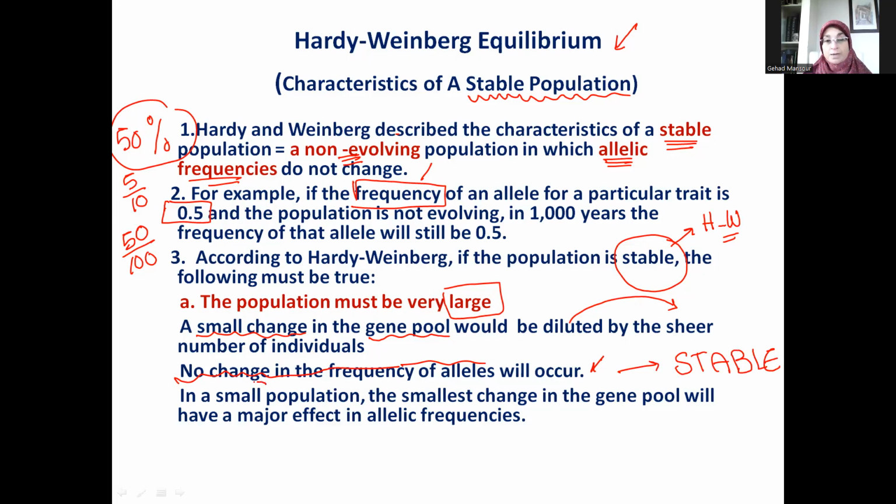On the other hand, if you have a small population, then the smallest change in the gene pool will have a significant effect in allele frequency.